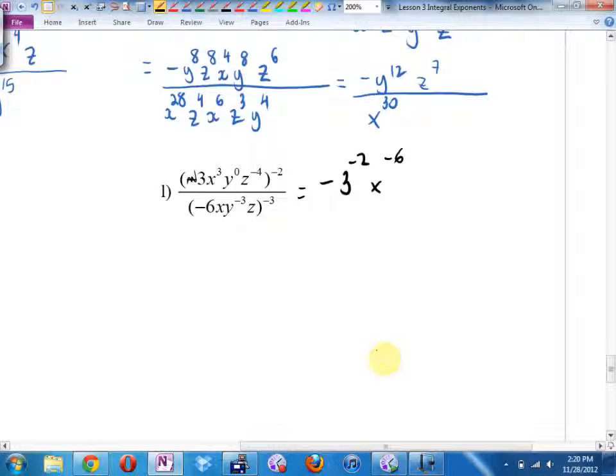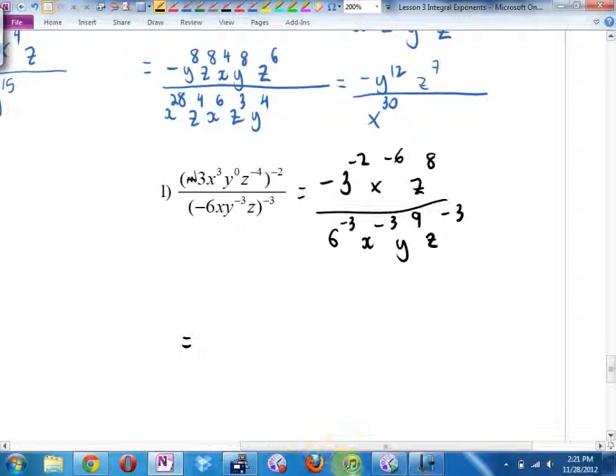Skip it, I say. Z to the what? 8 over, we already took care of the negative. 6 to the negative 3, x to the negative 3, y to the positive 9, z to the negative 3. Yeah?